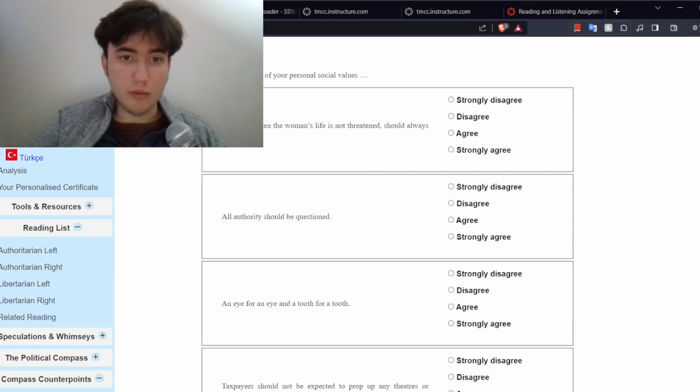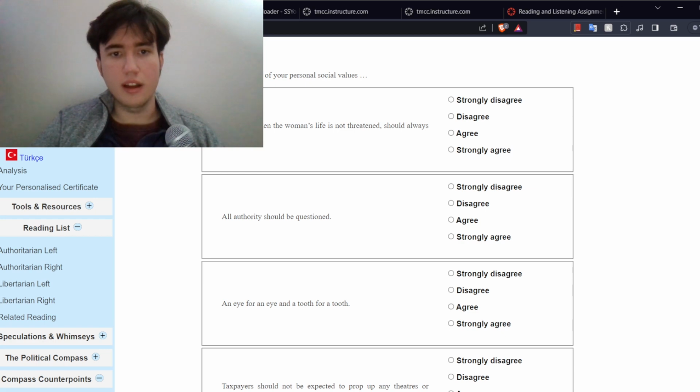Abortion, when the woman's life is not threatened, should always be illegal. I just don't give a fuck about fetuses, man. They can all fucking die for all I care.